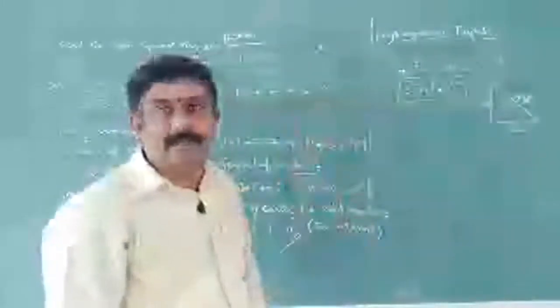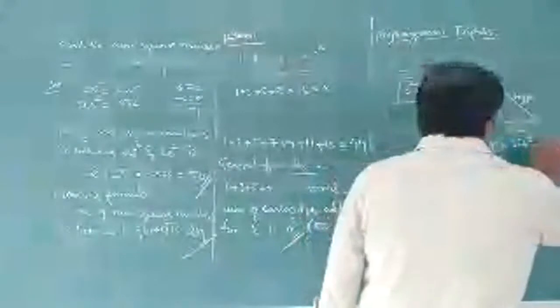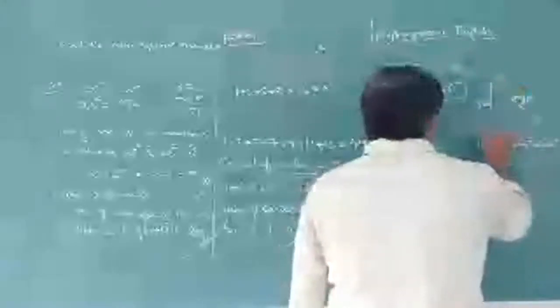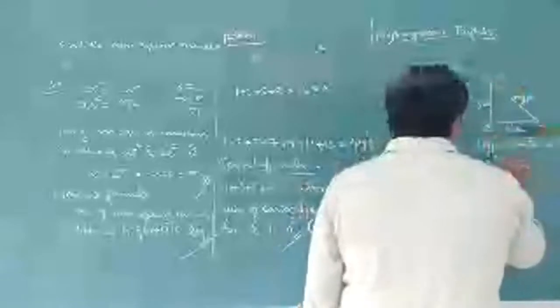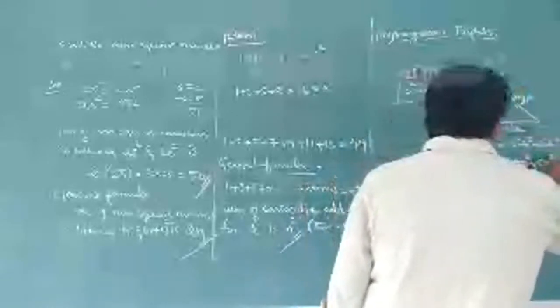In a right angle triangle, the hypotenuse squared is equal to side square plus side square. If I am taking this as ABC, then AC square can be given as AB square plus BC square. So this is the Pythagorean formula we already have in our geometry part.